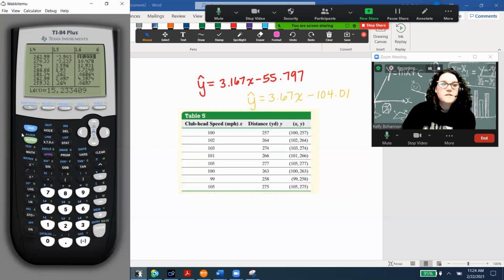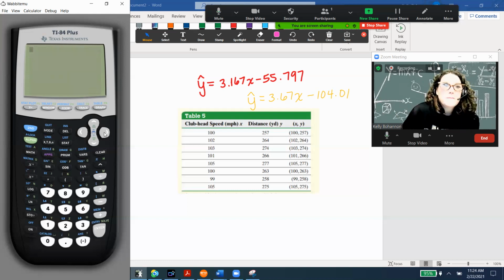So I'm going to go to a main screen, second quit, second stat, and we're going to math, and we need to sum. We're summing list 6. So 49.924.